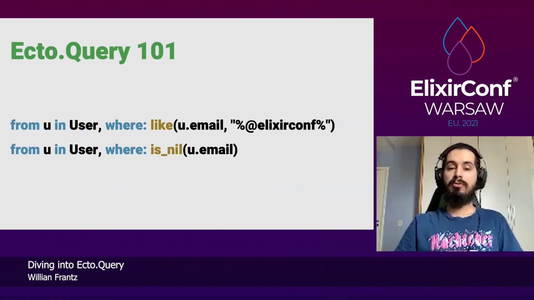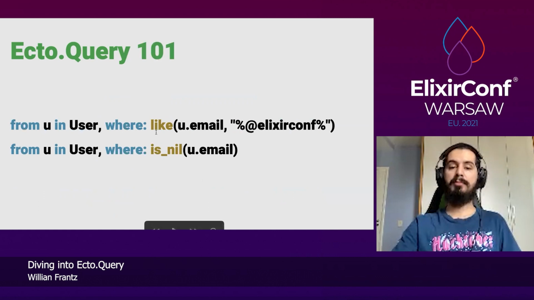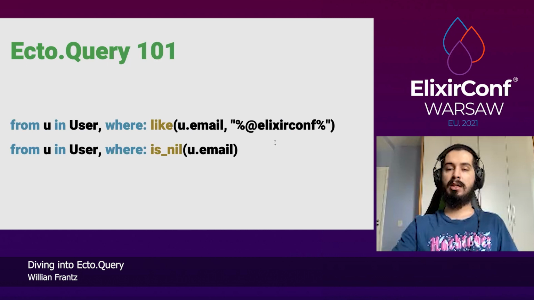We could also use some helpers in Ecto.Query. We could use like, we could use is_nil. Like is just querying over a substring, for example. We have this substring, @ElixirConf, and I want to select all the users that have this provider in their emails.